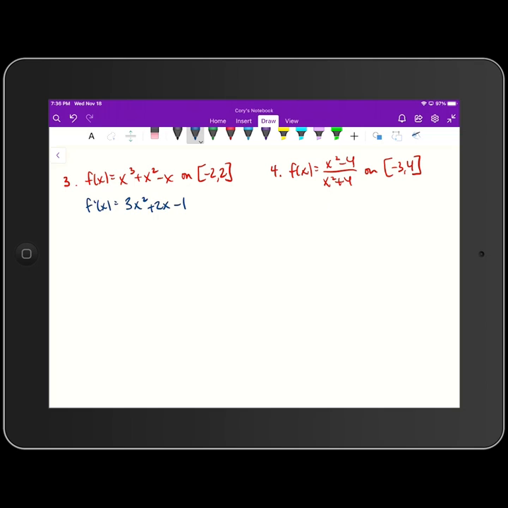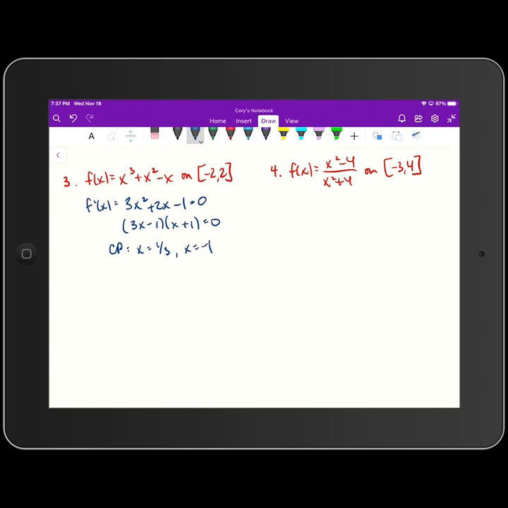So our only critical points are going to be where the derivative is equal to 0. I can factor that quadratic, which factors to 3x minus 1 times x plus 1. So our critical points are when x is equal to 1/3 and when x is equal to -1.